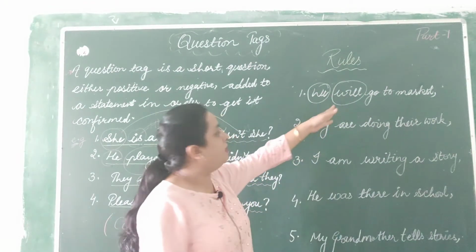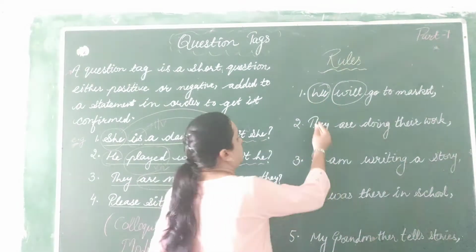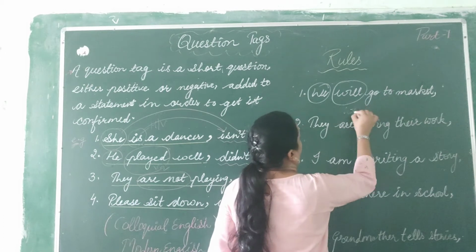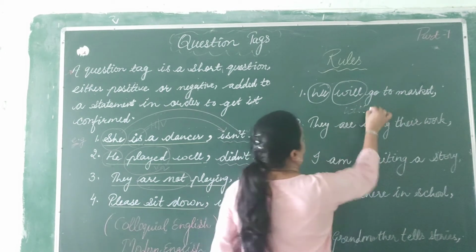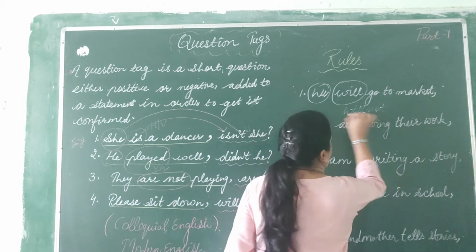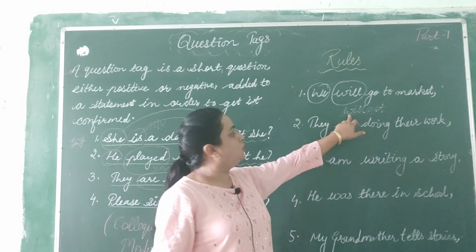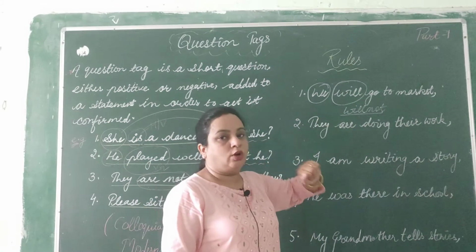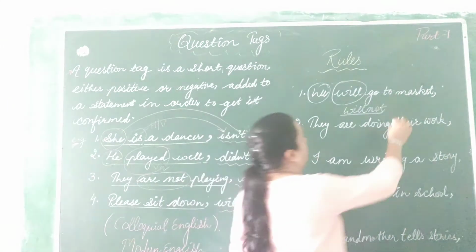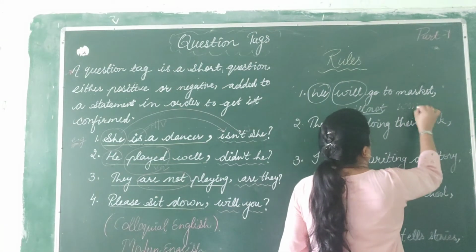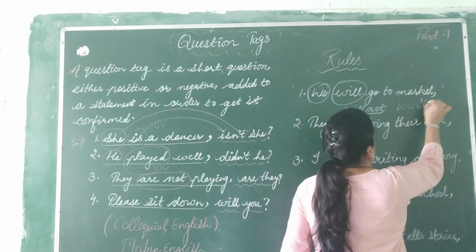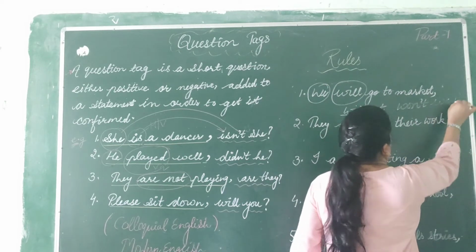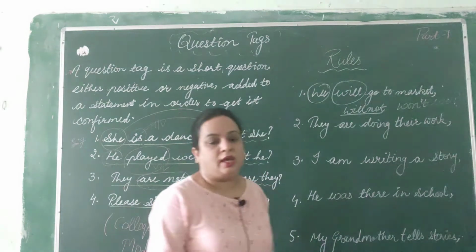Now this helping verb, when you put it here, is "will not", because we have to give the negative form. But we learnt that we have to write the short form of "will not". What is the short form of "will not"? It is "won't", W-O-N-T, "won't we", because that is the subject, and we have made it interrogative.